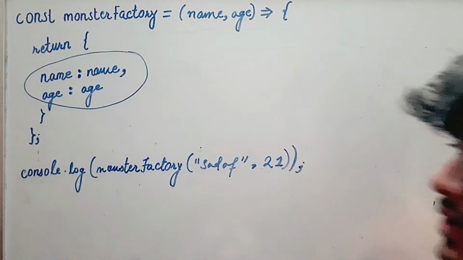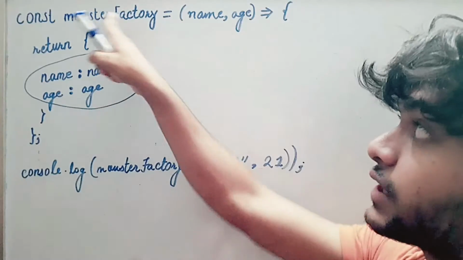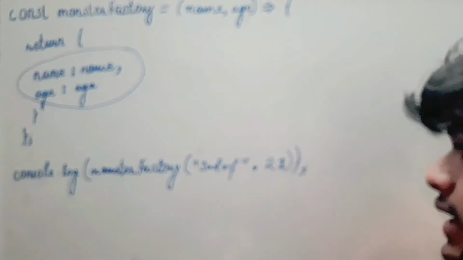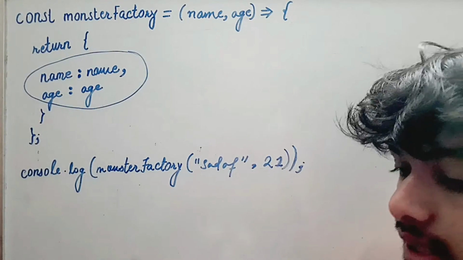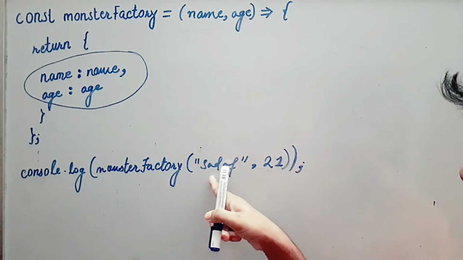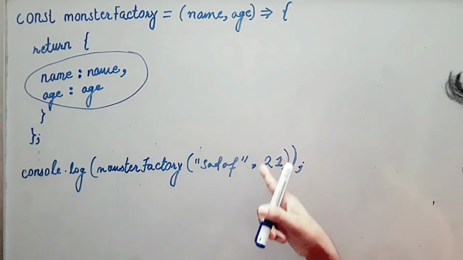Now what happens when we try to invoke this function with certain arguments? Arguments are basically the inputs from our side for the parameters. In place of name we have inserted Sadaf, and in place of age we have inserted 21.